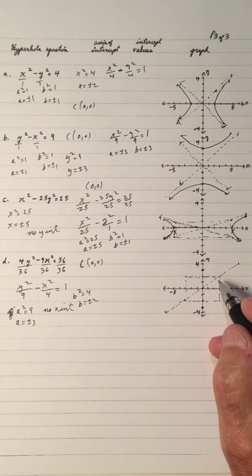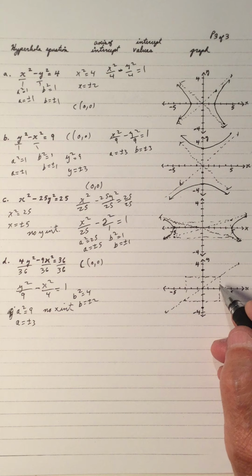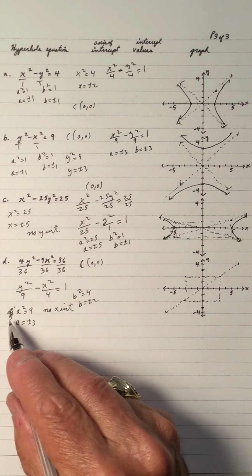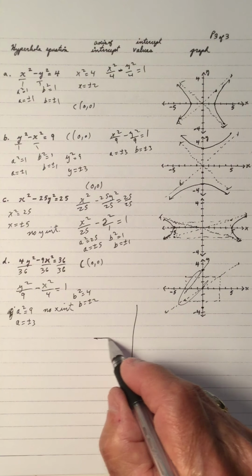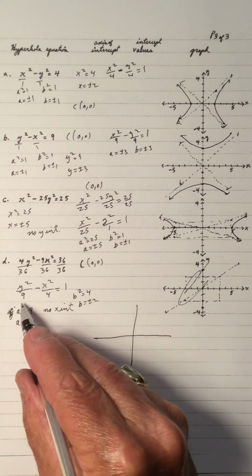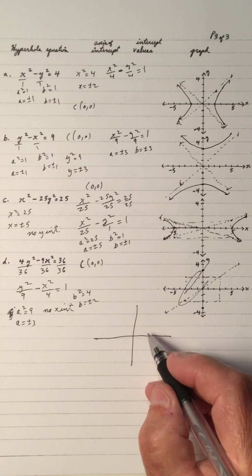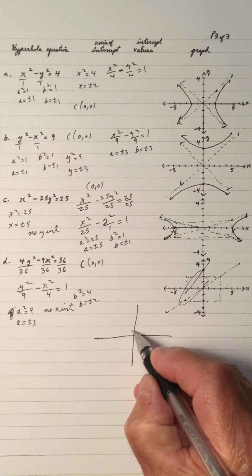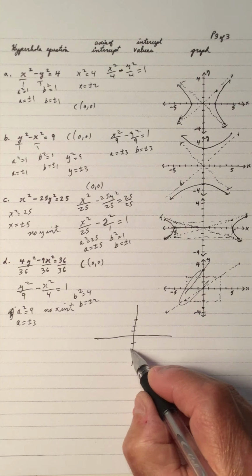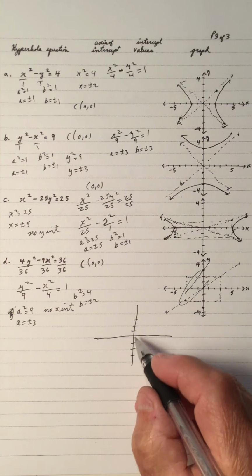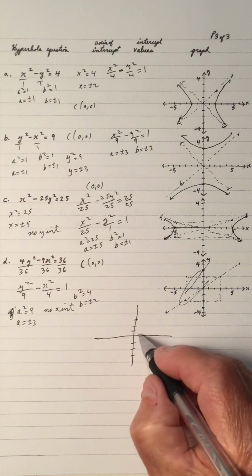Oh, whoops, my mistake. I got a to be 3. It should be 3 up here. And the x is 2.